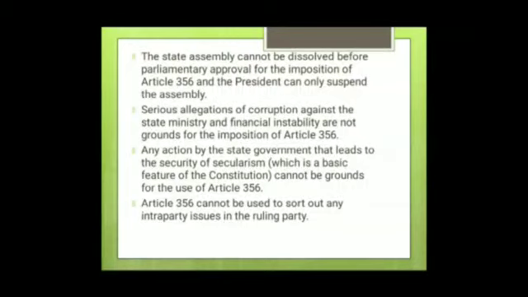Right? So in S.R. Bommai versus Union of India, the Supreme Court said the federal structure of India cannot be compared with other countries.